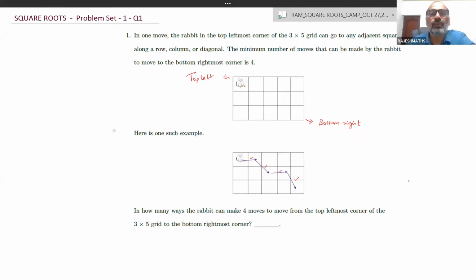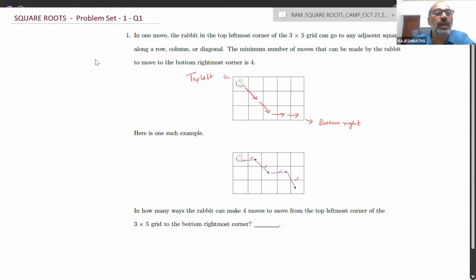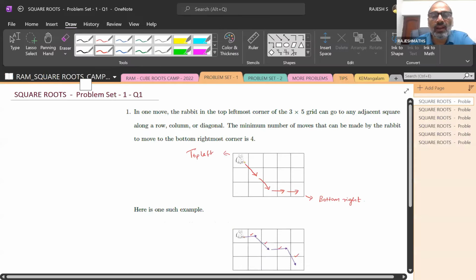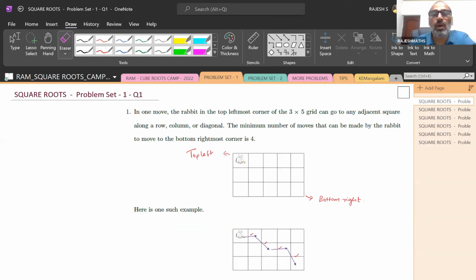You can even try to draw like this, but this is not a healthy approach. This is another way. Okay, so we have got 2 now. What I'm going to tell you is a theoretical way of doing this problem.